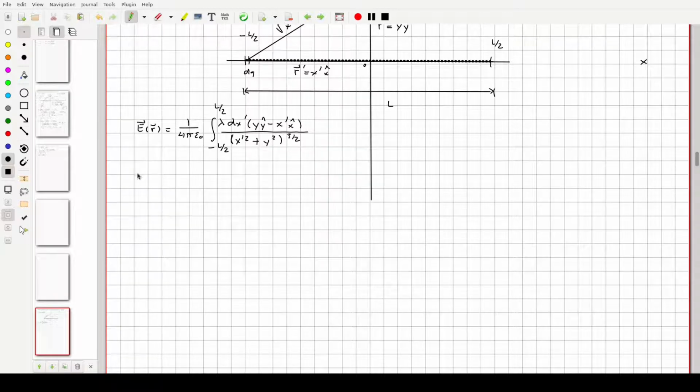Okay, so let me just go ahead and separate this out, noting again the fact that lambda over 4 pi epsilon naught sits out in front. We have two integrals again.